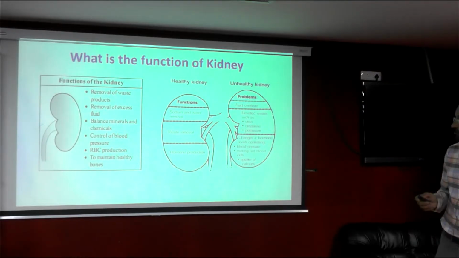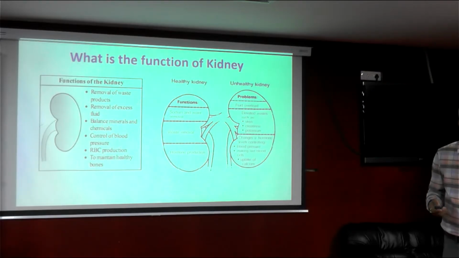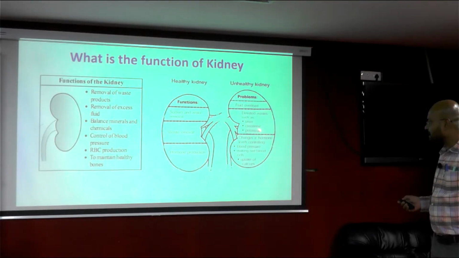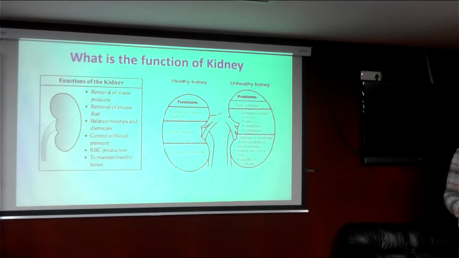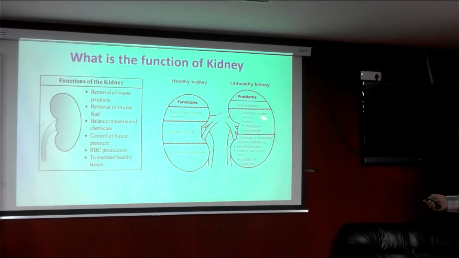If the kidney does not function properly, then what kind of problems will unhealthy people get? Fluid overload inside the body, and a buildup of waste such as urea, creatinine and potassium. You might have heard that when it is kidney disease, you will be asked what the level of creatinine is. So the kidney has to maintain the creatinine level. There is also a change in hormone level, control of blood pressure, making RBC cells, and uptake of calcium.